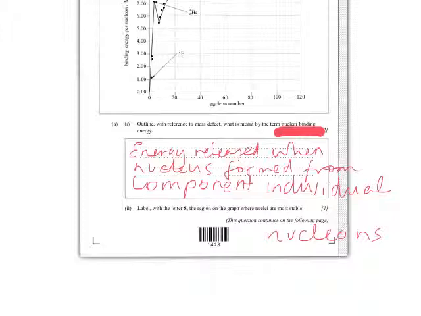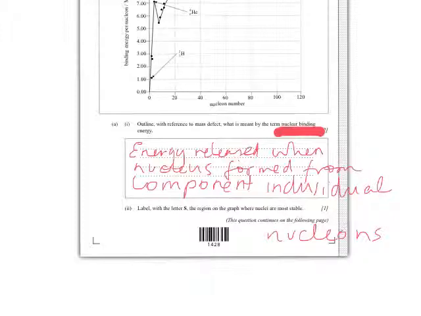Anything that shows that you understand that there is a difference in mass, and that mass defect equates to energy. Okay, but I think we're going to deal with definitions differently when we get back to school.